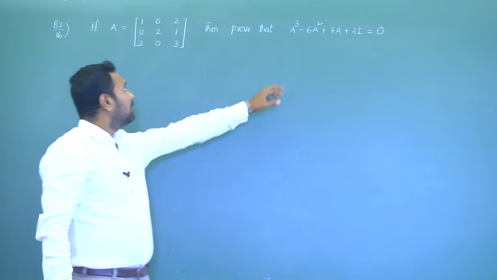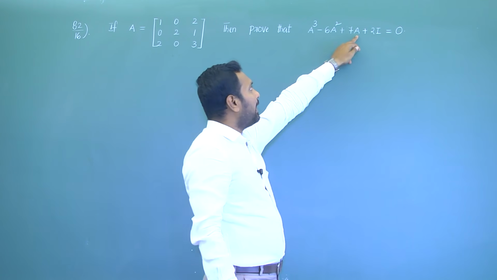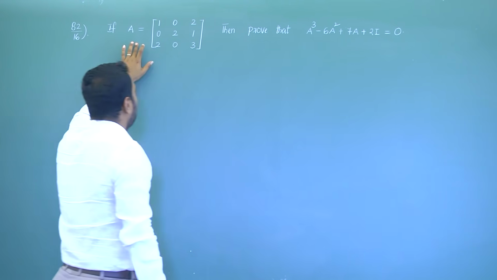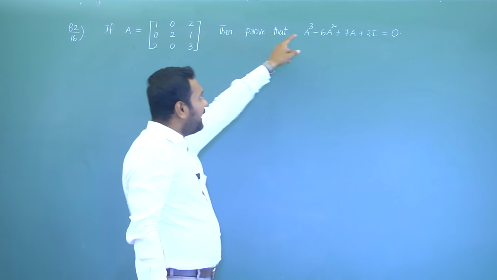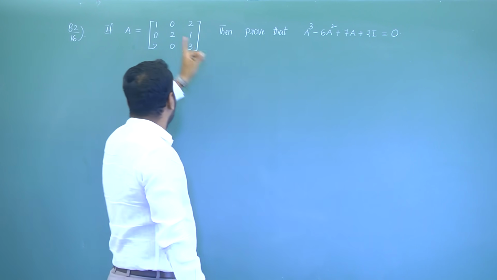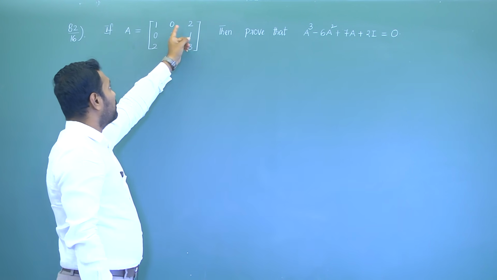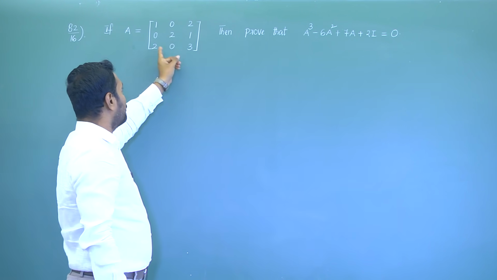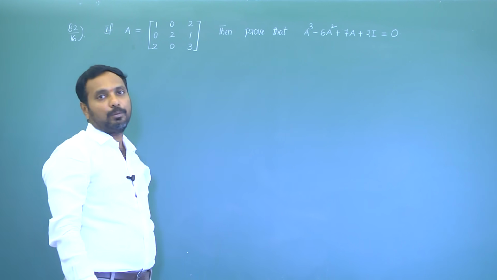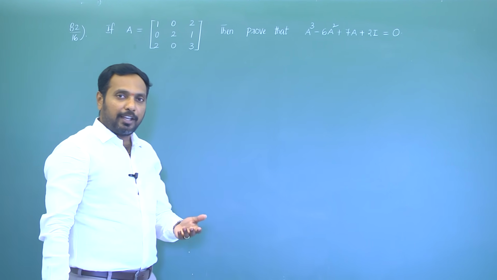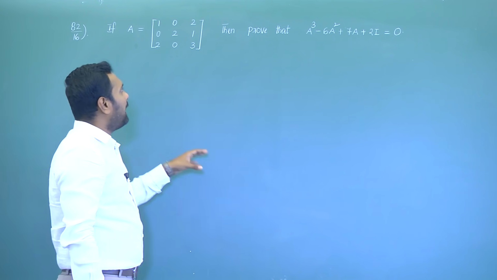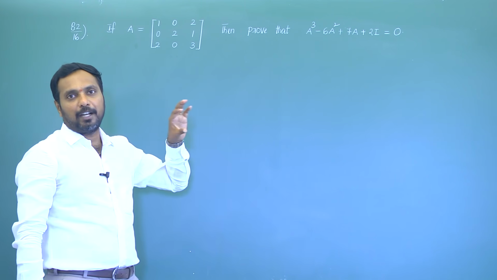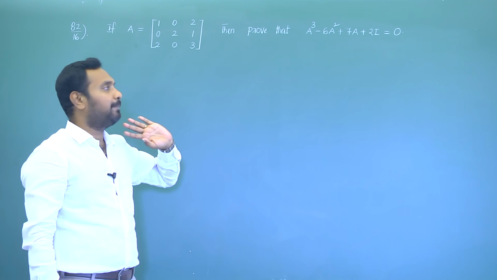In that, 7A means we need to multiply each and every element of A with 7. A square does not mean 1 square, 0 square, 2 square and so on; you should not do it like that. A square means A into A, the same matrix multiplied two times.